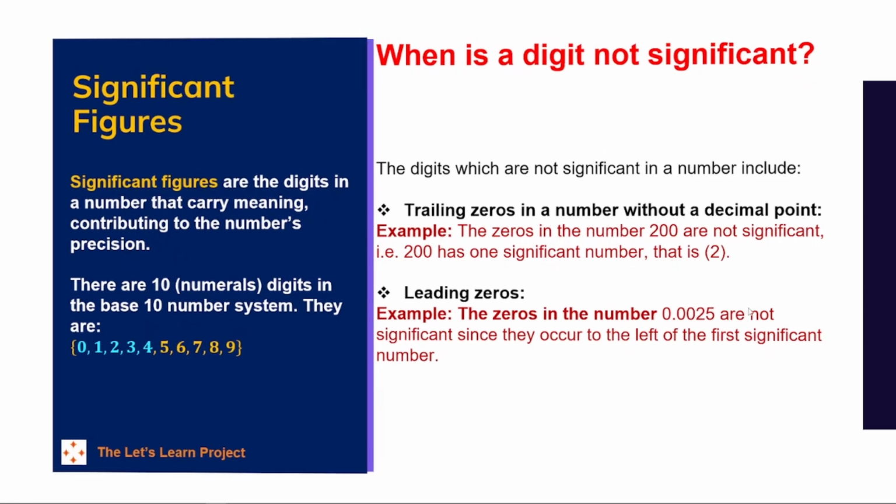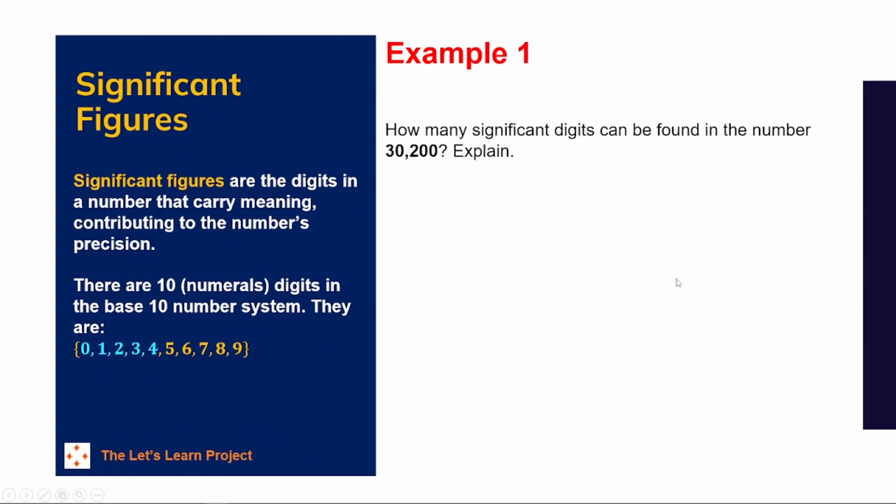Alright, so let's take a look at an example. Consider the number 30,200. How many significant digits can be found in the number 30,200? You can see that the first zero, the zero that comes after the 3, since it is occurring between the 3 and the 2, is significant.